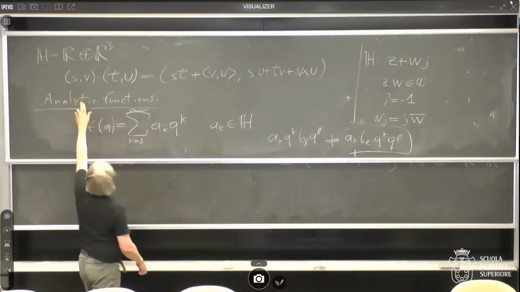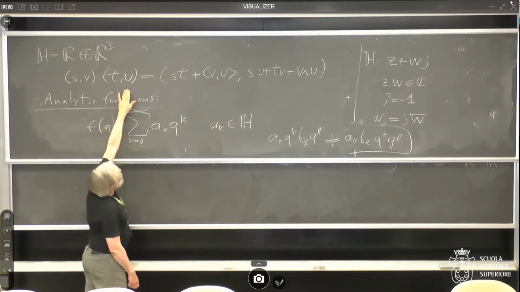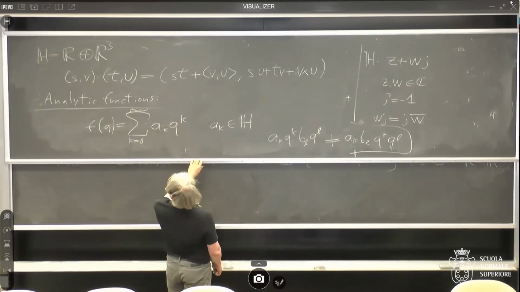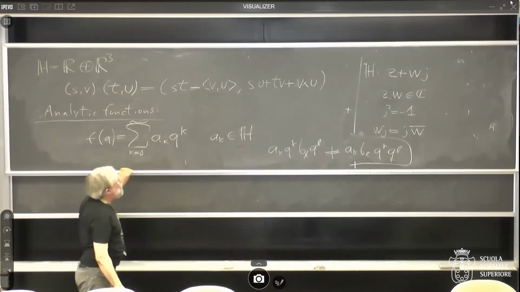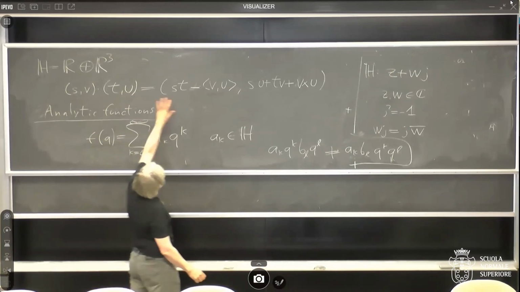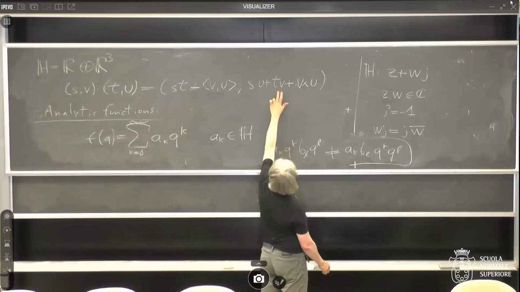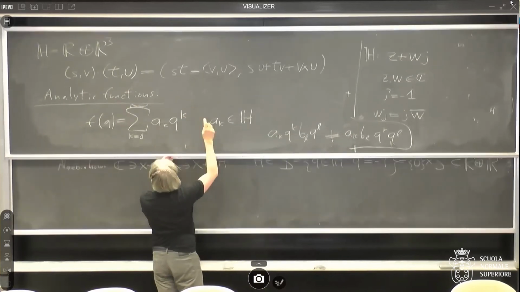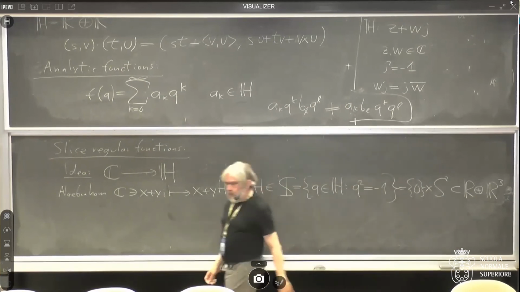If s and t are 0 and v and u are the same vector of length 1, then, wait a minute, maybe I missed the minus sign in the definition. If you have the same vector, then here you get minus 1 of length 1, and the vector product is 0, and if s and t are 0, the rest is 0. So you get just minus 1 as a result if you take a vector in the 3-dimensional part of length 1.